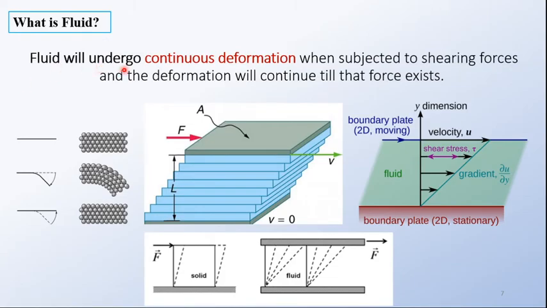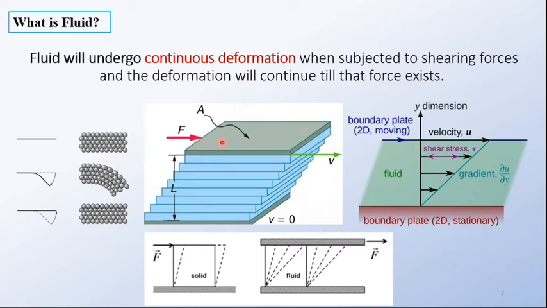Fluids will undergo continuous deformation when subjected to shearing forces, and the deformation will continue till the force exists. It acts as if in layers. So this is the stationary boundary, and then you apply some force on the top surface.